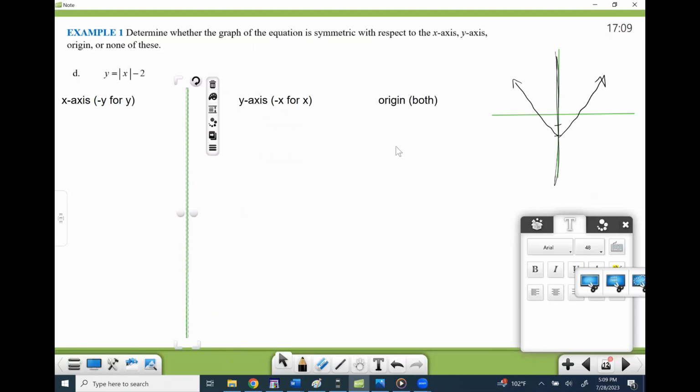Okay, so if I substitute in a negative y for the y, I think it's pretty obvious that this does not match the original. It's off on the y value. Okay.